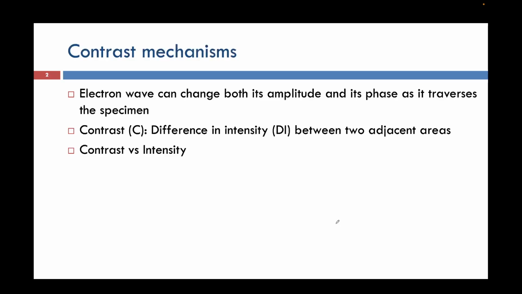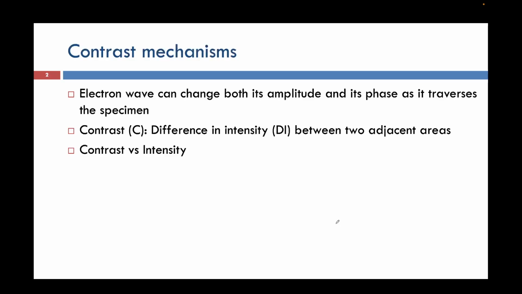Since the very beginning of TEM, we have maintained that TEM images are 2D projections of three-dimensional objects, so TEM gives an averaged image of the three-dimensional object. Ultimately, all of these images and their features are to be interpreted.